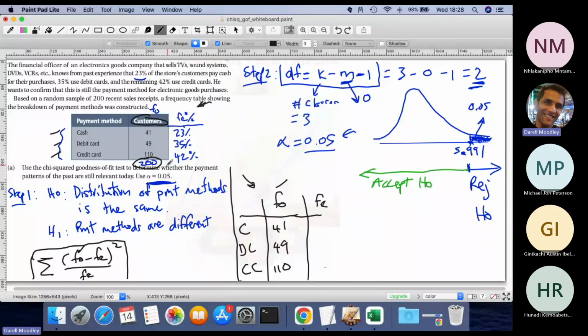I'll say that one more time. You have 200 customers in total, and you expect 23% of them to pay by cash. So what number do you expect to pay by cash? Can you write that in the chat? What do you think it is?